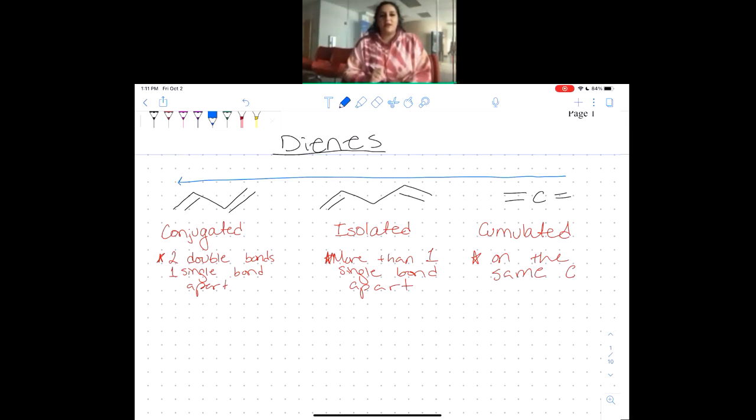And between conjugated, isolated, and cumulated, we can also show a difference of stability there. We already said conjugation makes it super stable, so we know that this is the most stable type of diene that we have. But we also have to compare isolated and cumulated.